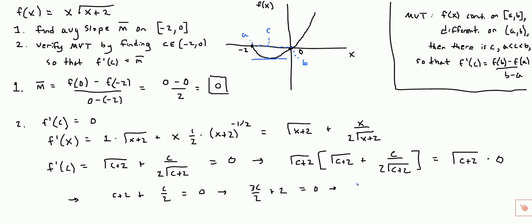And this means that 3c over 2 is equal to negative 2. So c is equal to negative 4/3. Okay, that seems about right. That says that at negative 4/3, the derivative of f is equal to 0. And 0 is the average slope.